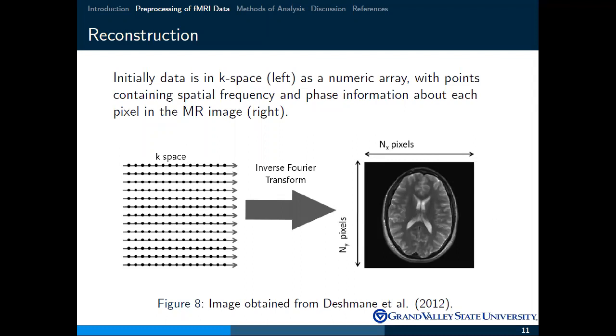Any time series data, repeated measurements across time, has a corresponding time domain representation and a frequency domain representation. The time domain representation, in this case, gives the strength of the signal as a function of time.